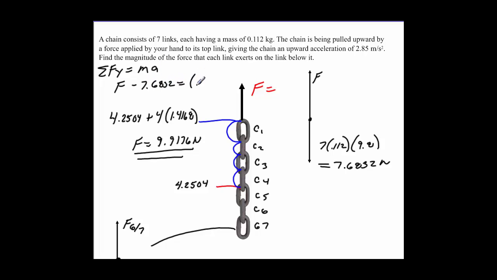All we have to do is set that equal to the total mass, 7 times 0.112, times the acceleration coming up, 2.85. Now solve for F, and look what we get: F is equal to 9.9176 newtons, and that's exactly the value I got here, so we know we're correct.